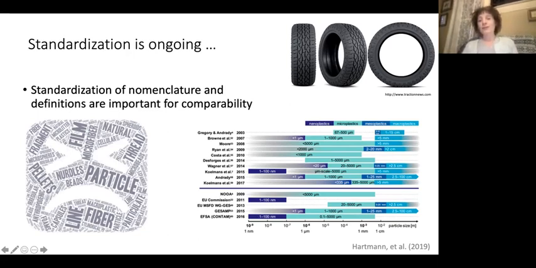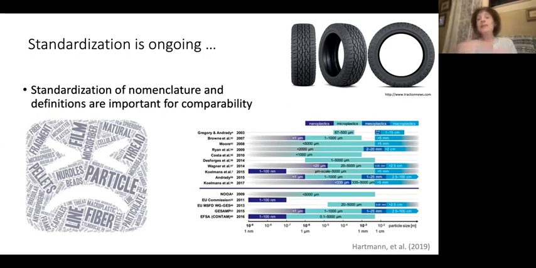There are some groups that classify nanoplastics as being 1 to 100, and then there are others that classify nanoplastics as being a little bit larger, up to that 1 micron size. And then the cutoff between mesoplastics and macroplastics can also vary.